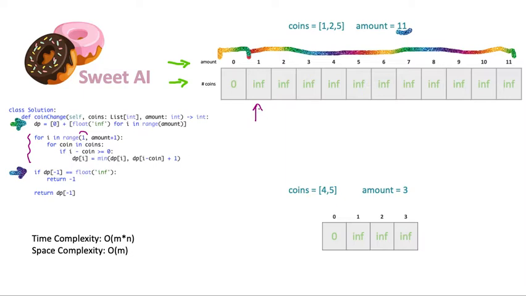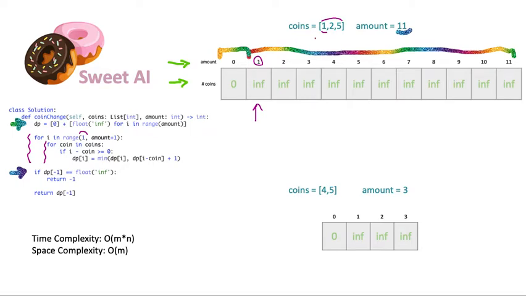We start from here, and we iterate over the different coins that we have. In this case, 3 coins are given to us, and we are going to deduct every single coin from this value and see how many coins are needed to make this amount, right?